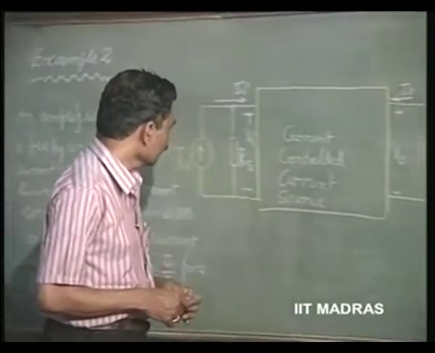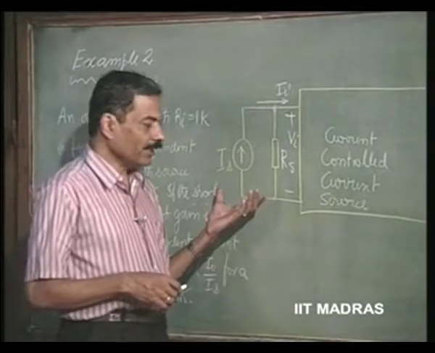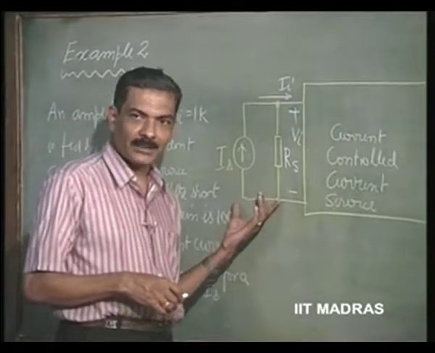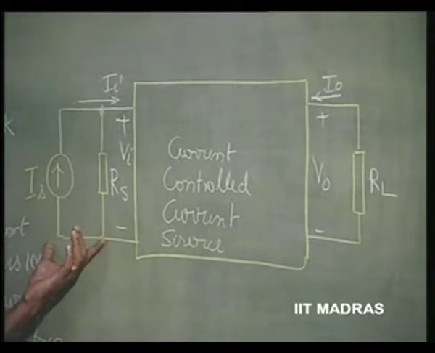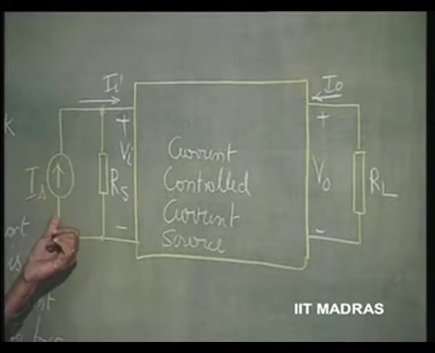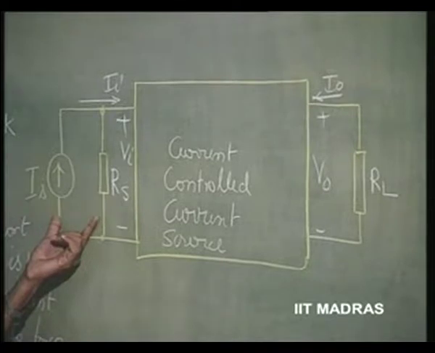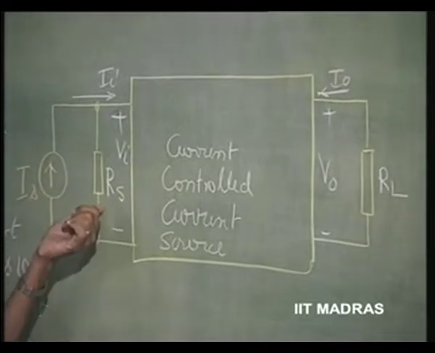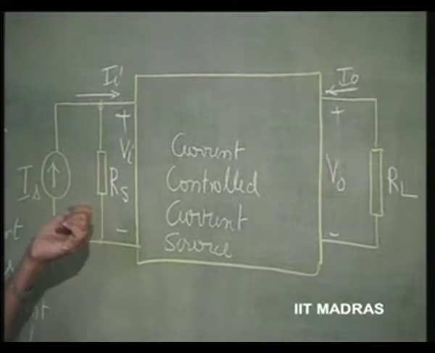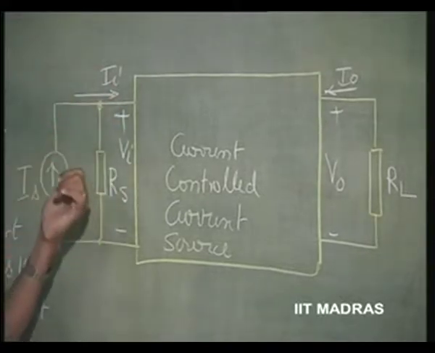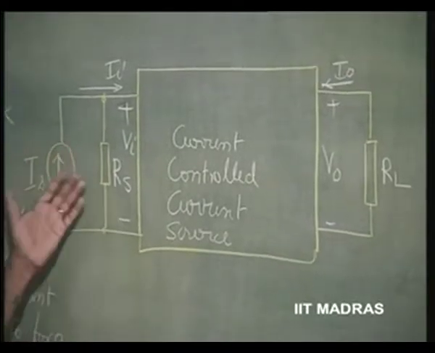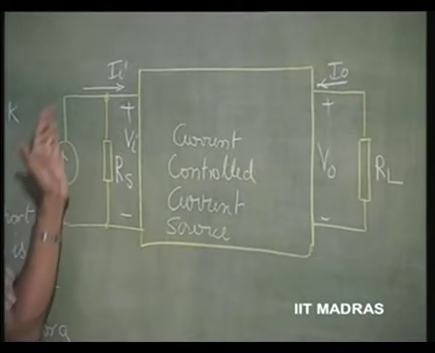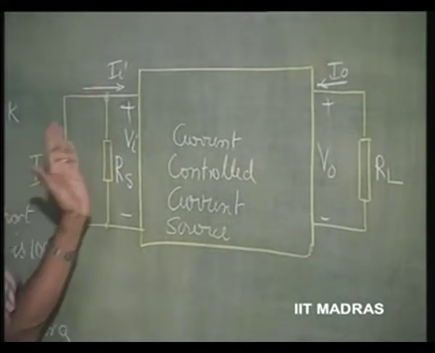And then we said in practice we have a non-ideal source which can always be represented either as a voltage source in series with the resistance Rs, or as a current source Is, which is nothing but the short circuit current in the voltage source representation, and a shunt resistance of Rs. So, this equivalent representation is the same whether you represent it as a voltage source in series with the resistance or a current source in shunt with the resistance.